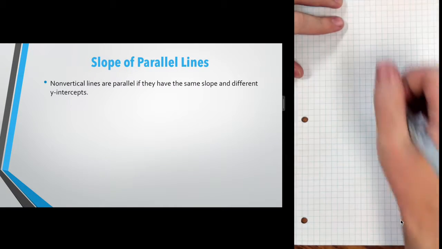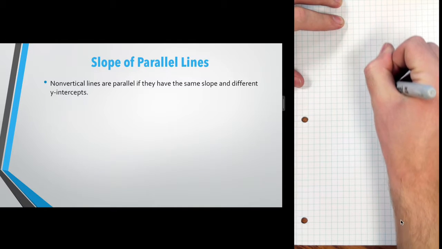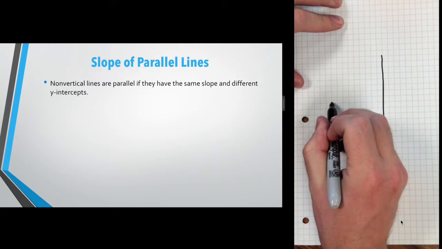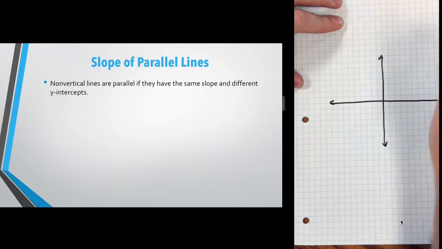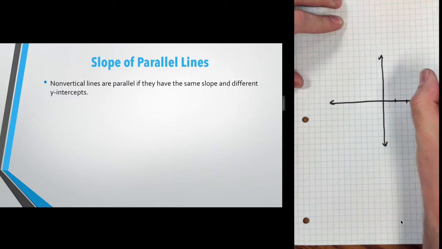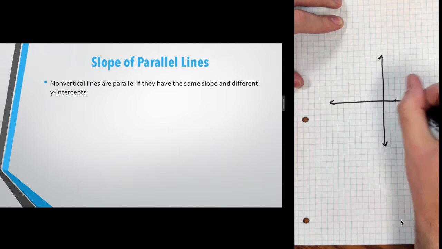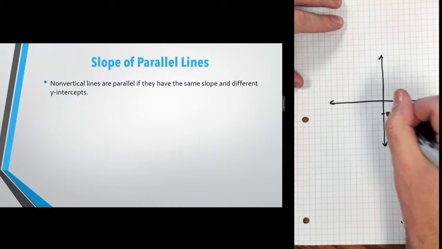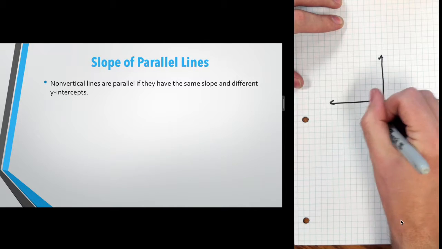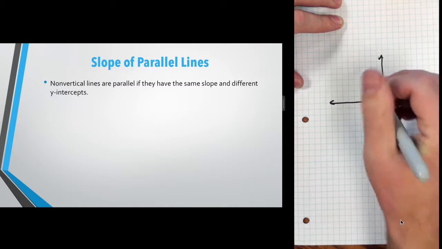Let's say that you have your graph. And let's say that I'm going to make 2, 4, 6, 8, negative 2, negative 4, negative 6.